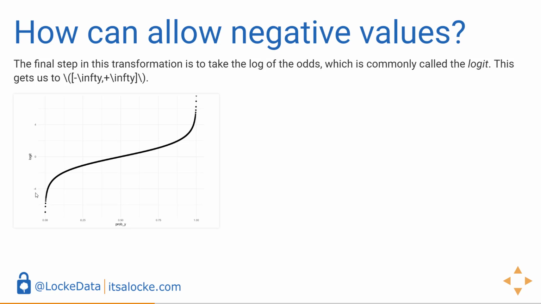So anything that has a negative log has a probability less than 50%, which in odds would be 50 divided by 50. So a probability of 0.5 gives odds of 1 and a log of 1 is 0.